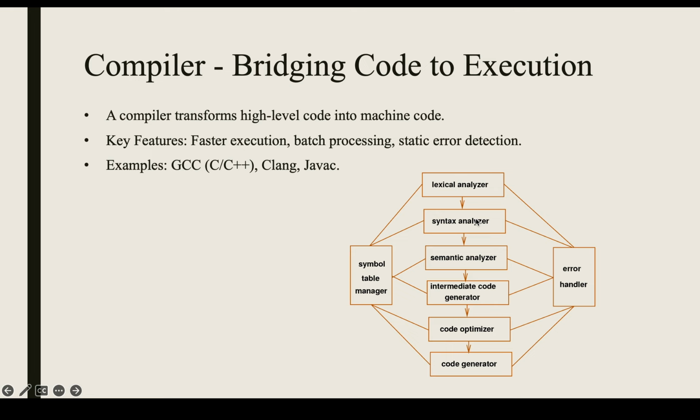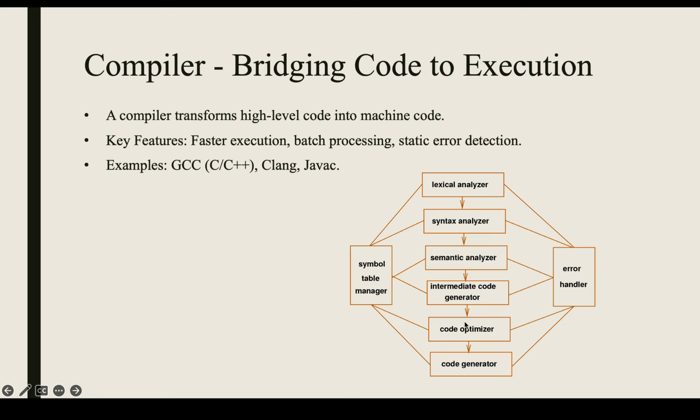Syntax analyzer takes those tokens, where the code is being broken down into pieces or small units called tokens. These tokens are checked for grammatical correctness in the syntax analyzer. Further, when we move on to the semantic analyzer, it ensures that the tokens have logical correctness, and then the intermediate code generator generates code.